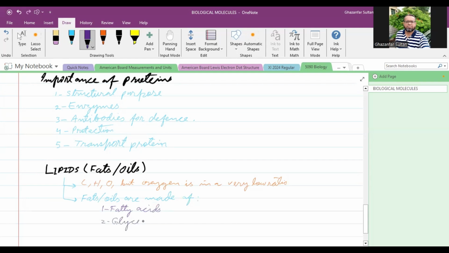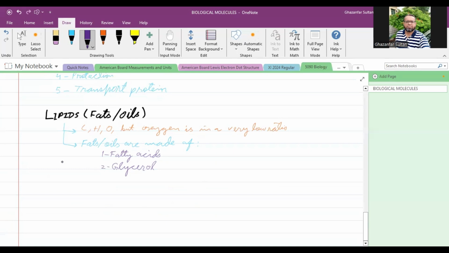Glycerol is glycerine. Glycerine is actually its 5% solution. So these are the two molecules which are responsible for making fats and oils.